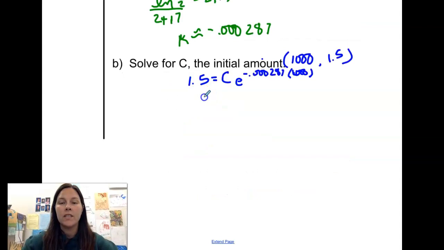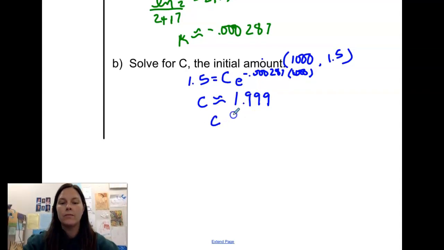In order to solve for c, we're just going to take that 1.5 and divide it by e to that power. So for my c value, I got about 1.999, which tells me we probably had an initial value of 2.